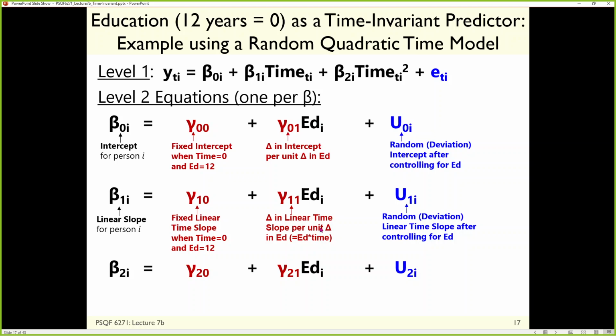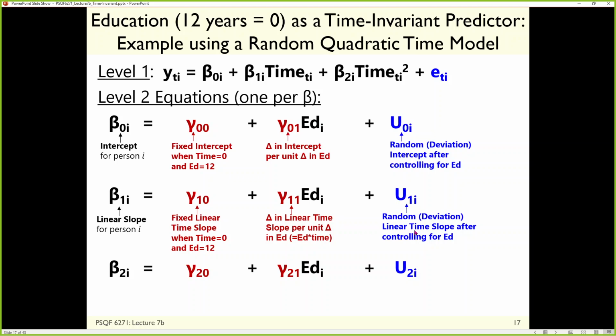Not Y, the linear time slope. Two-way interactions adjust their main effects. Main effects adjust Y as a concept. So ed by time either says the time slopes depend on your education, or the effect of education depends on what time it is. Take your pick.